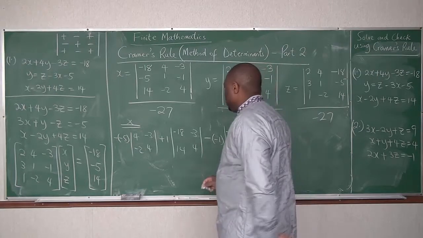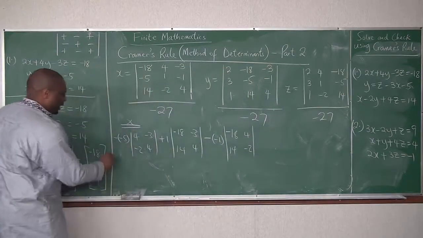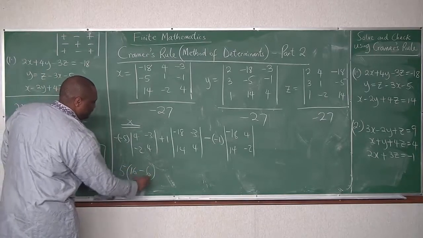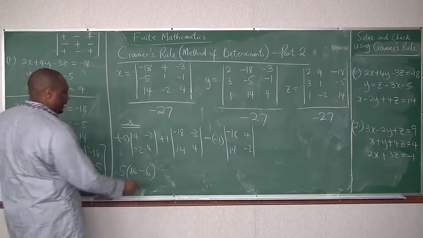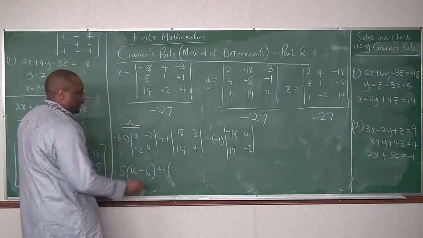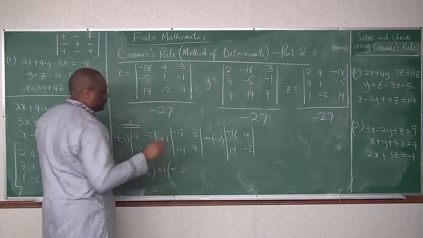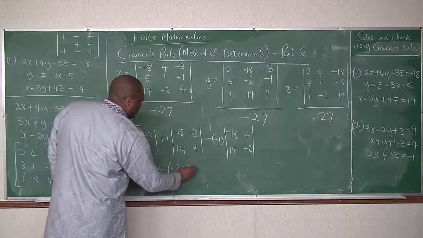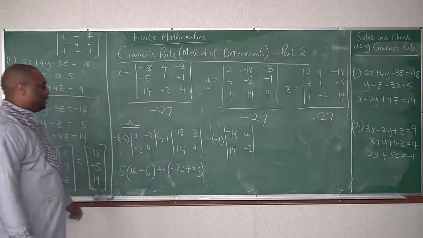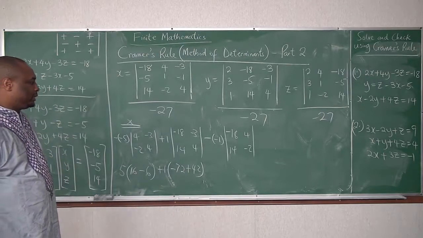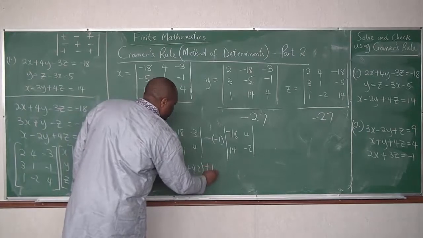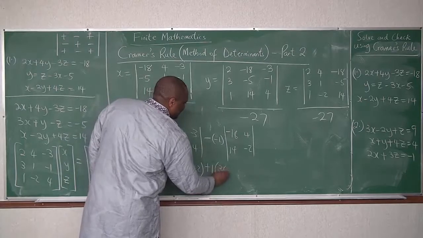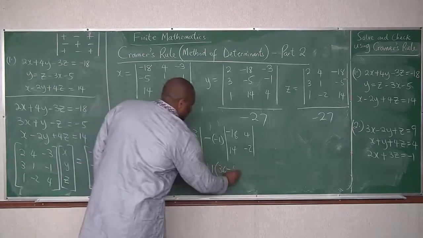Okay, folks, what do we have here? We now have 5 times 4 times 4 is 16 minus 6, right? Then plus 1 times negative 4 times 8 is 32, minus 72 plus 42. Then minus 1 is plus 1 determinant, 36 minus 56.